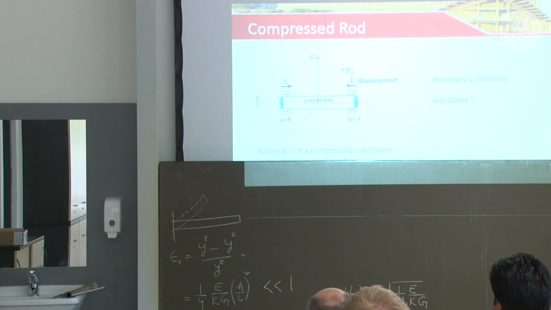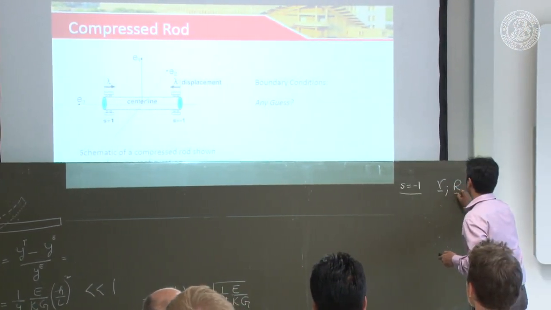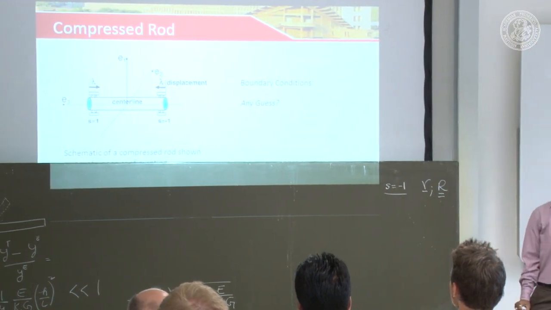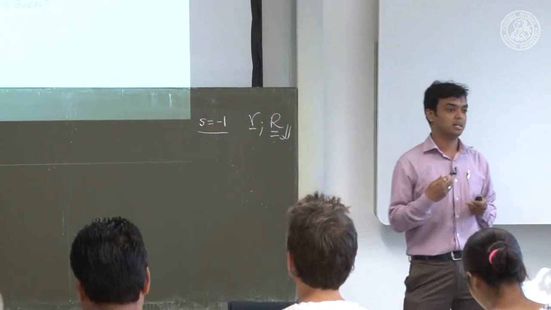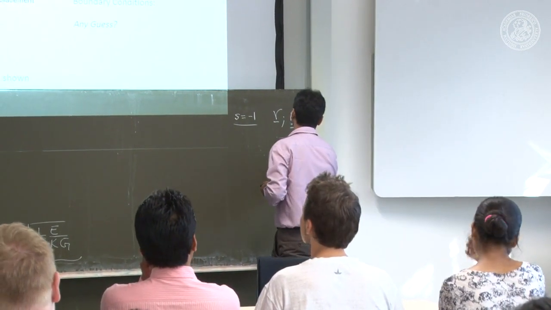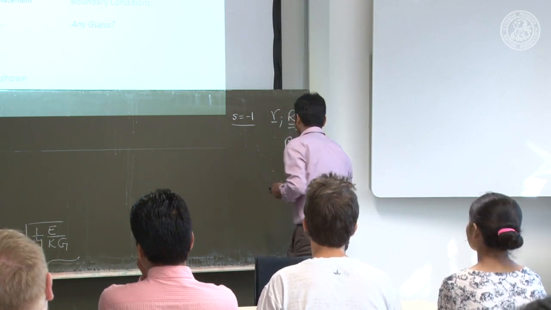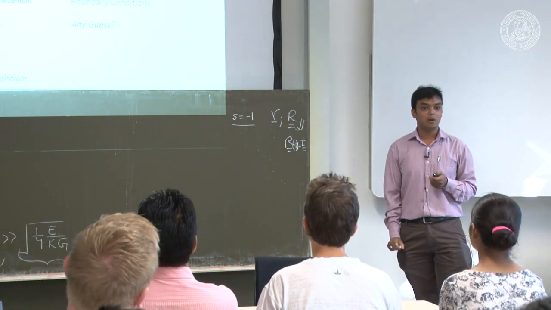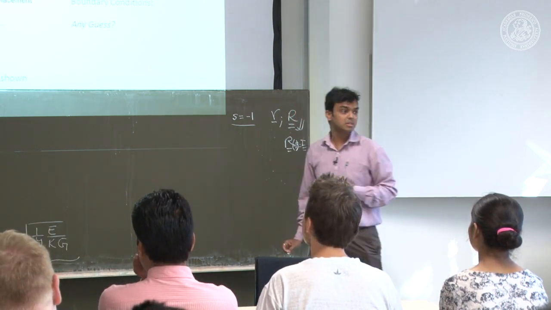So let us write the boundary condition at s equal to -1. What are my little r and capital R? As I said, there is no rotation allowed. Identity, exactly. So R is identity at -1. Now, is any transverse displacement allowed?